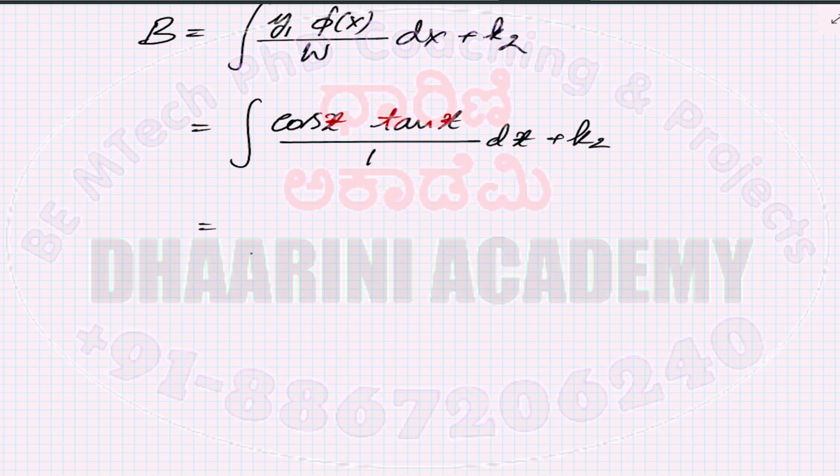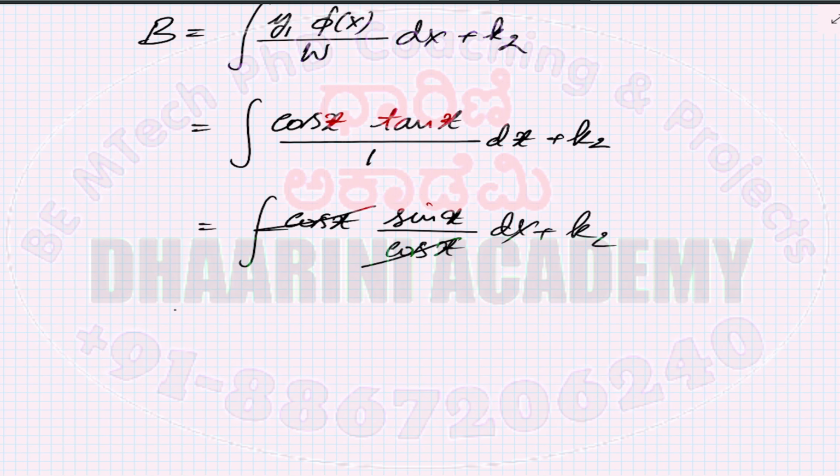So this is equal to integral cos x sin x by cos x dx, so this cos cancels, plus k2. Now we can see that this is a straightforward integral, integration of sin x. Integration of sin x is minus cos x plus k2, which is the equation of b.